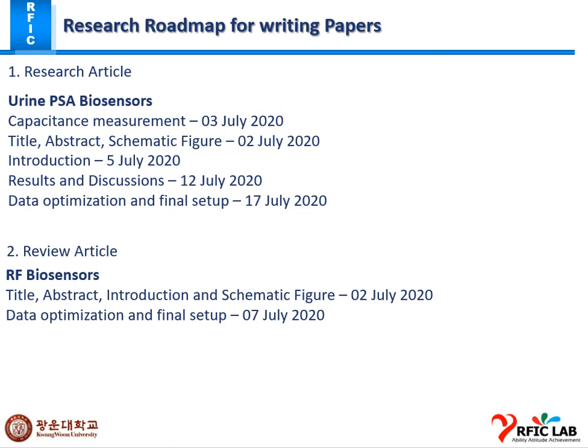The title, abstract and schematic figure will be finished by 2 July, the introduction and results and discussion will be finished by 12 July, and the final step, submitting you the draft paper, is on 17 July 2020. The same for the review article: from 2 July to implement all the figures, the introduction and the abstract as well, and the final step will be finished by 7 July 2020.